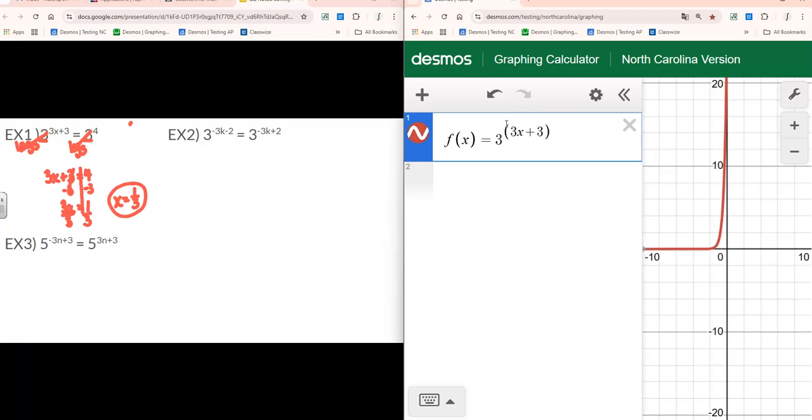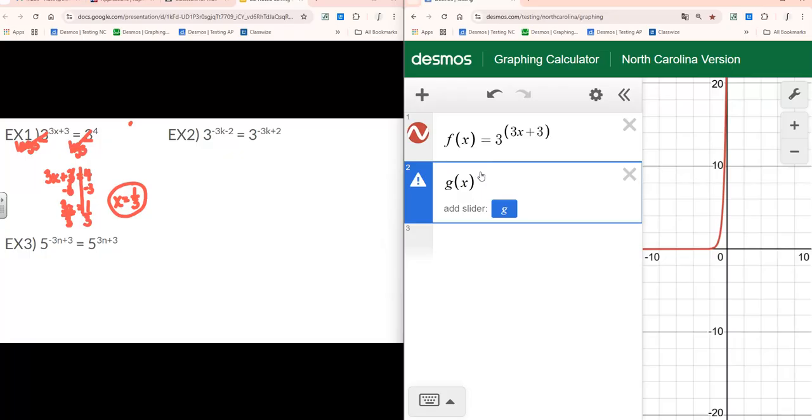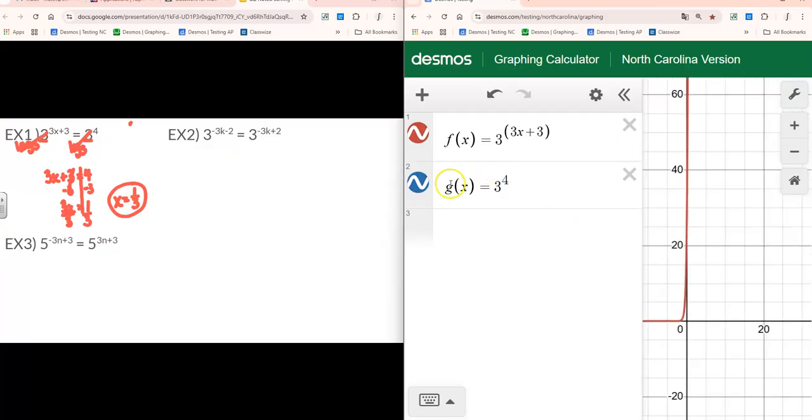So that's going to be a little glitch in Desmos you're going to run into. It's going to try to jump down from the exponent before you want it to. So that's how you'll type in the left side. The right side is going to be 3 to the 4th. Now, one of the bad things about using Desmos for this is that a lot of times it is hard to see where these cross.